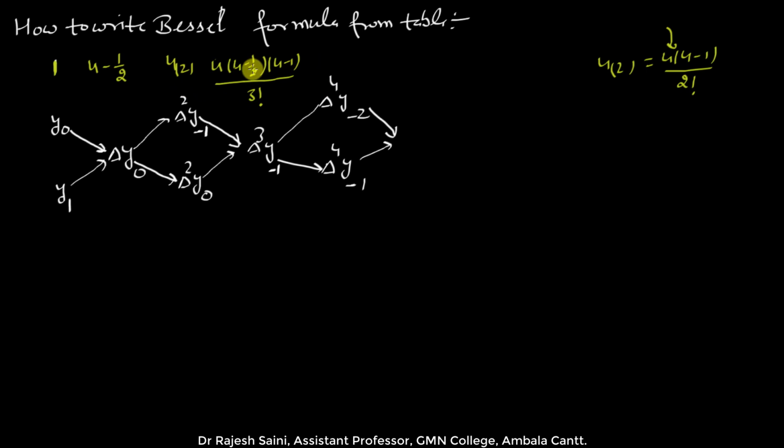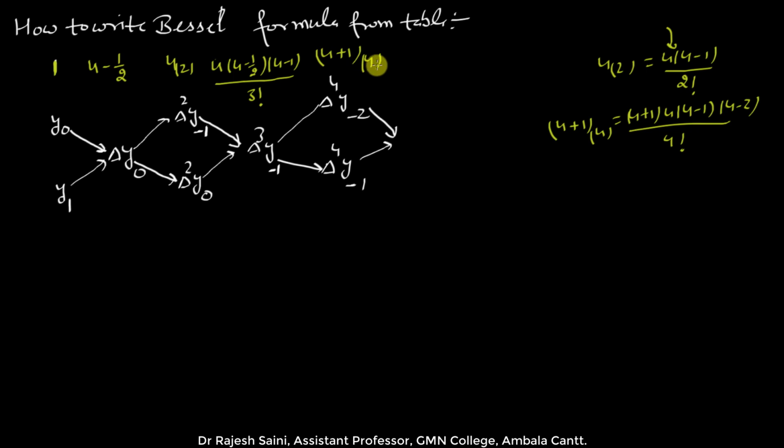Fine. Now next will be of degree 4, and it will be u plus 1. Here is u, it will be u plus 1 and subscript 4. And similarly, you know u plus 1 subscript 4 is equal to (u plus 1) u (u minus 1) (u minus 2) divided by 4 factorial.